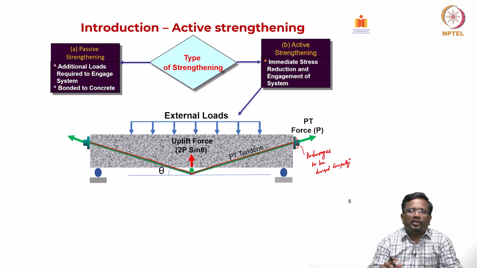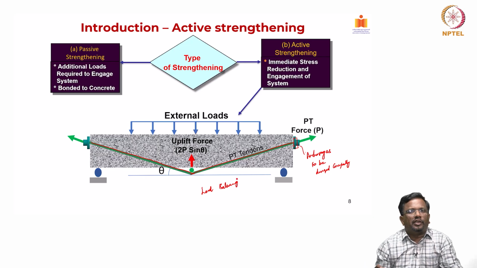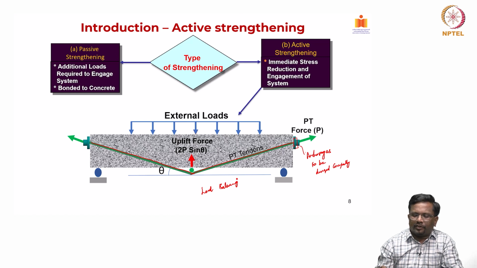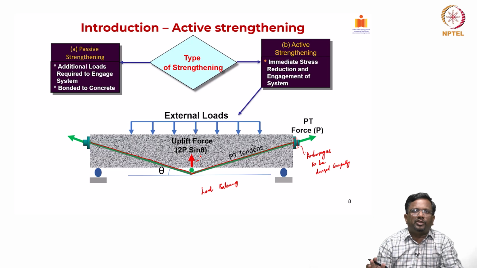then what happens while you do pre-stressing, we have studied the load balancing, right. Depending upon the pre-stressing that we engage in this external cable, I can design this slope change in such a way that I can create an uplift force, which is basically P sin theta from both sides. The total net vertical uplift is going to be 2P sin theta.